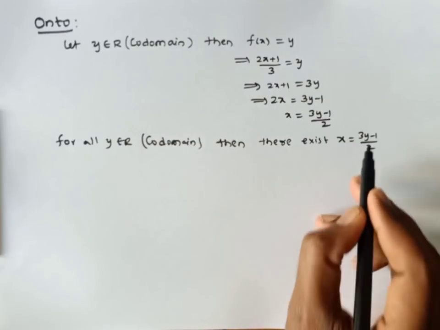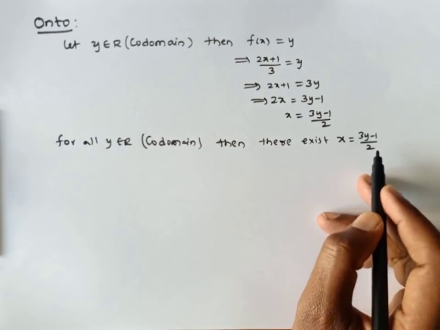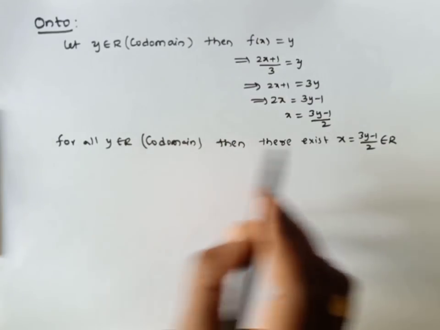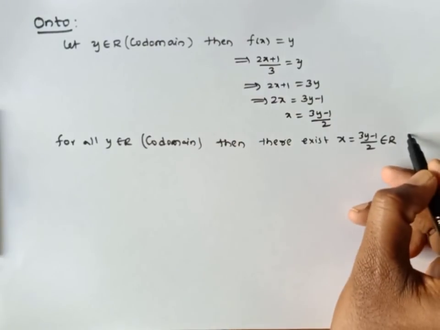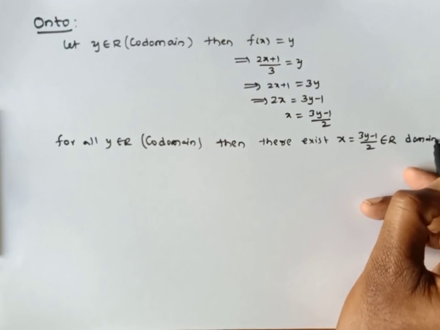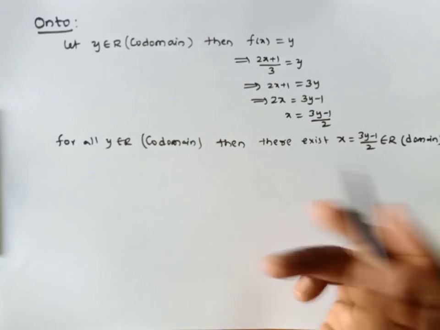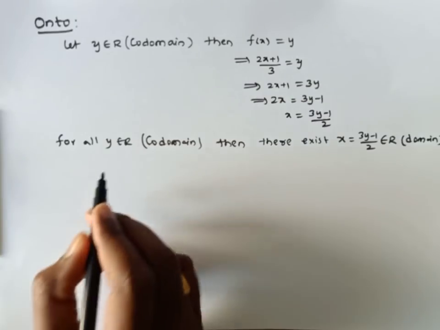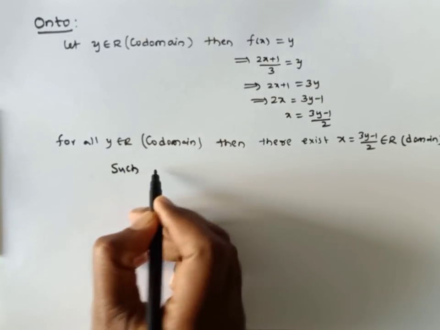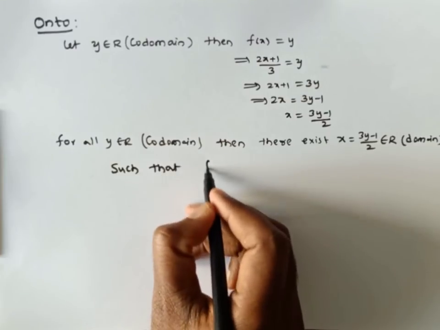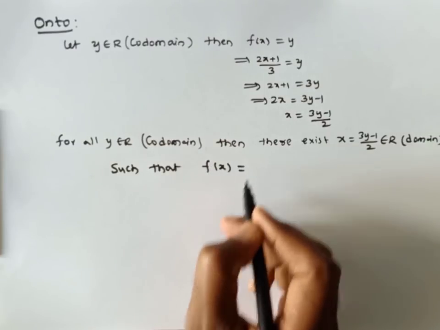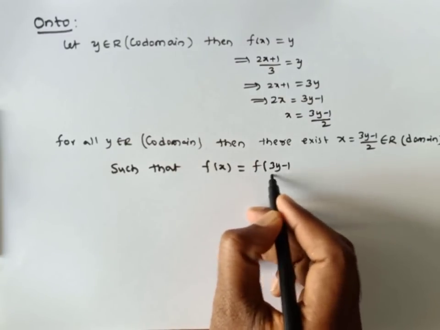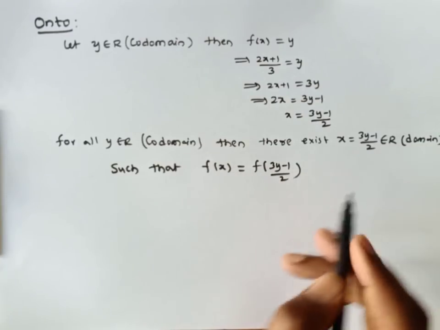So here f from R to R, so if you take y as any number, then this is again a real number, so compulsorily x belongs to R in the domain, meaning for every y there exists a pre-image in the domain. If it is restricted to some integers or some intervals, then it may not have a pre-image. So such that f of x here, f of x is nothing but f of 3y minus 1 by 2.